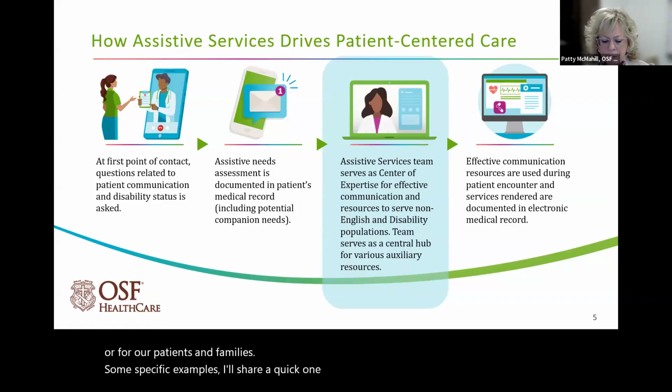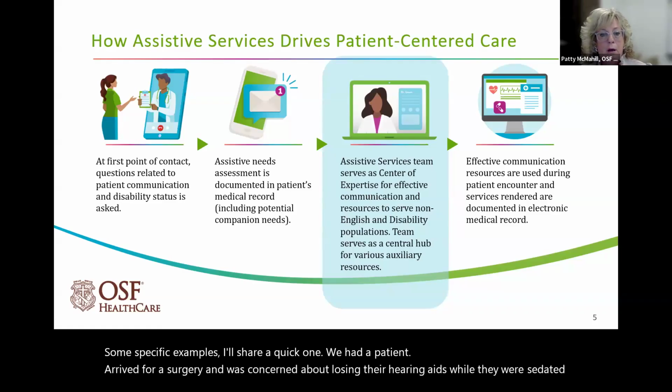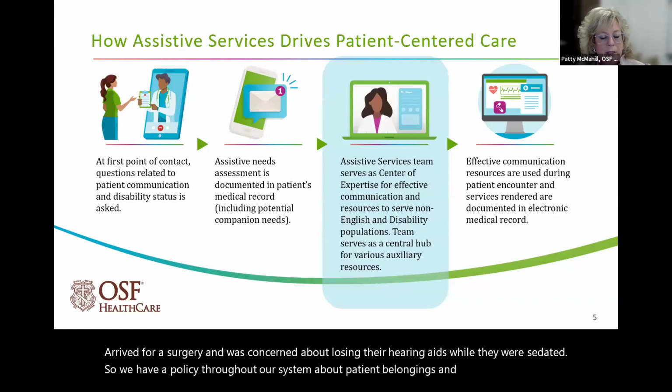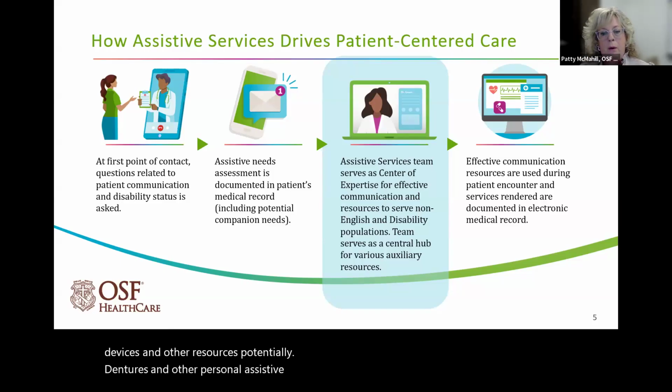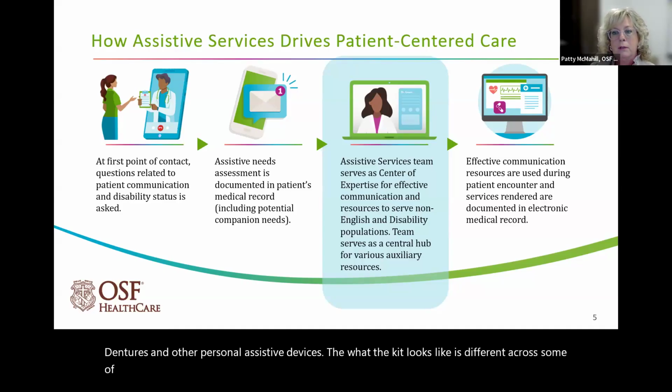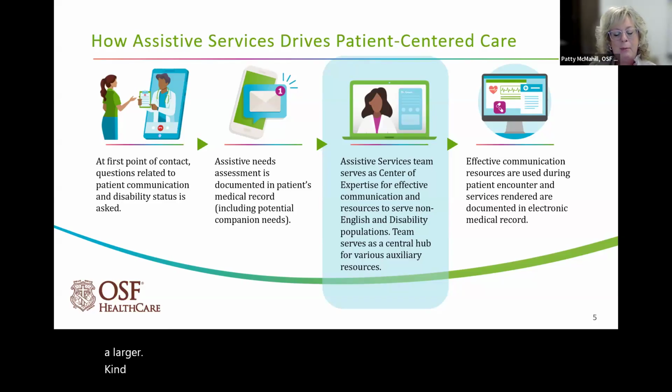Some specific examples, I'll share a quick one. We had a patient arrive for a surgery and was concerned about losing their hearing aids while they were sedated. So we have a policy throughout our system about patient belongings. And so assistive hearing devices and other resources, potentially dentures and other personal assistive devices. What the kit looks like is different across some of our systems, but some of them are a cup similar to what Wendy showed, and others are a larger, I don't know how to describe it, but it's a rectangular form that has multiple sections.